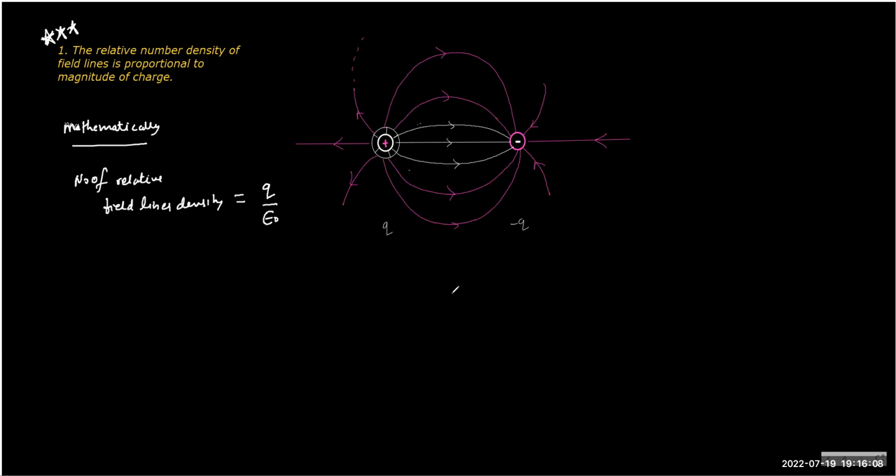We cannot draw infinite lines, we just draw a few lines, so this is only meant for comparison. How many field lines are leaving? Sir, 10. And how many are terminating? Yeah, 10.